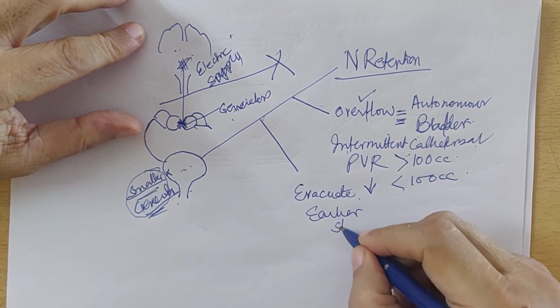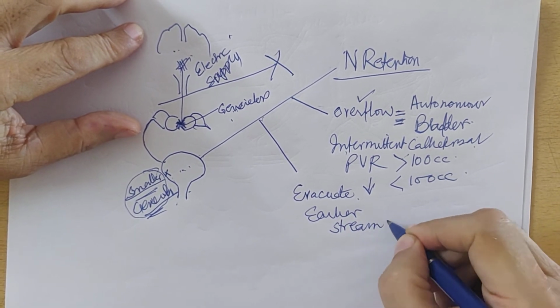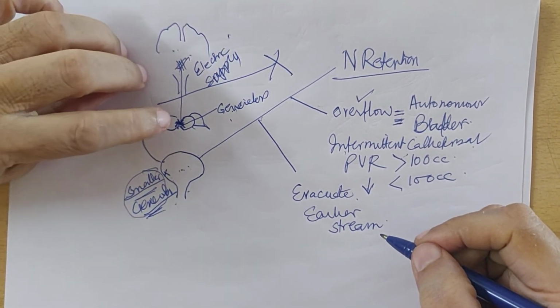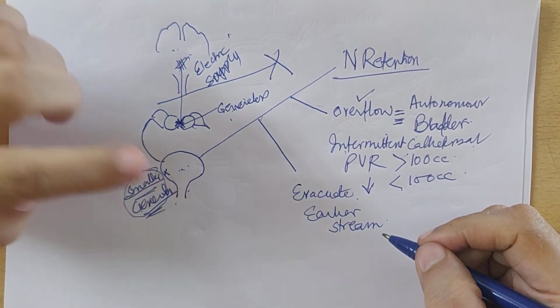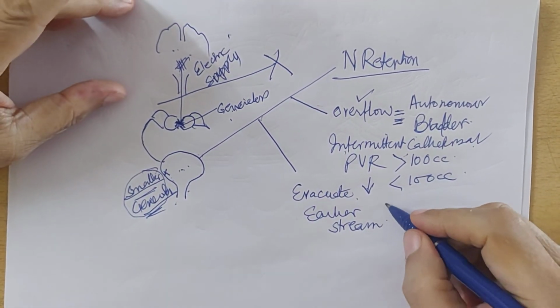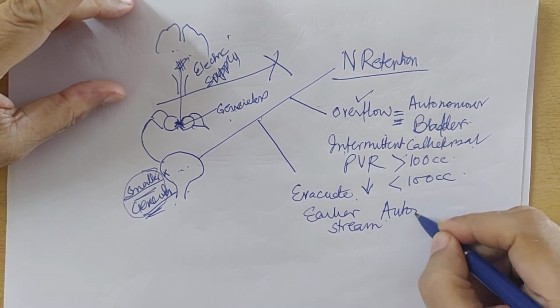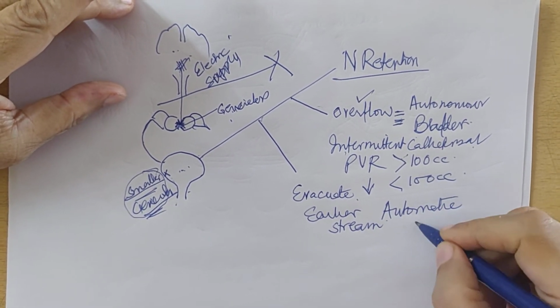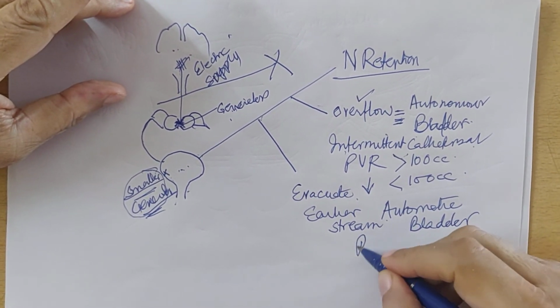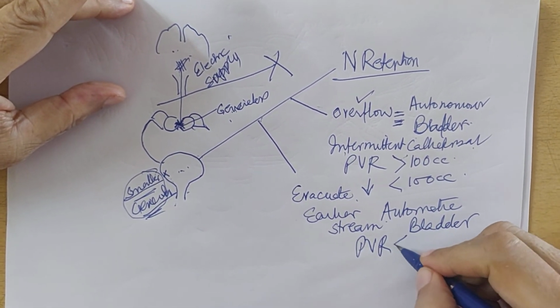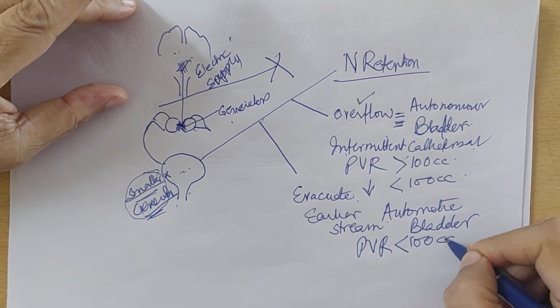It will evacuate in a stream because of the spinal reflex, but it will not tell the cord, and it cannot hold the urine. So such a bladder is called an automatic bladder, and here the post-void residual is less than 100 cc.